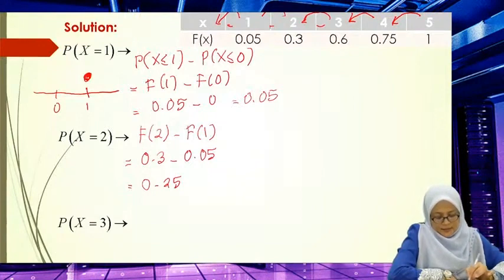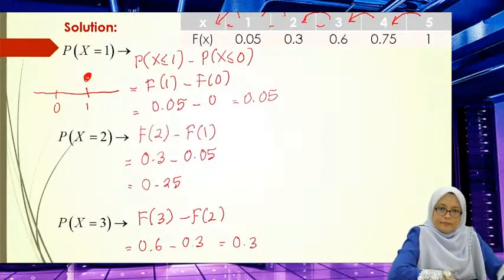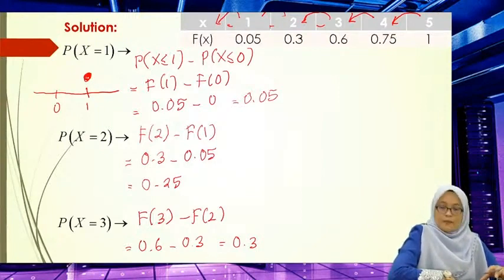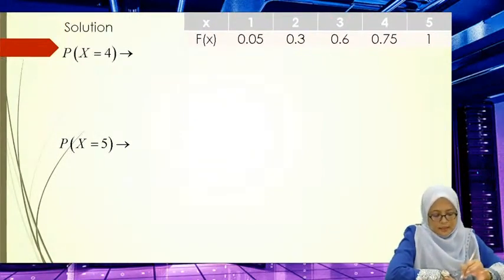Okay, so then probability X equal to 3, kita ambil F3 minus F2. So F3 is 0.6 minus F2 0.3. So you get 0.3. Okay, so then kalau X equal to 4, sama jugalah, maksudnya kita akan ambil F4 minus F3.